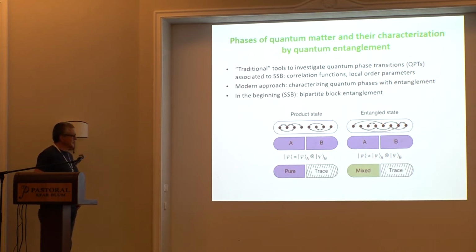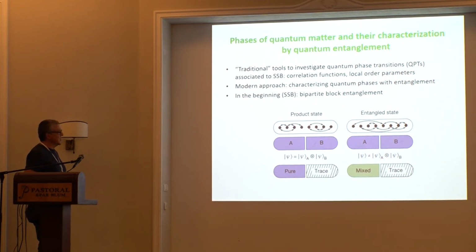In the case of a product state, you trace out one of the two subsystems, and what is left is a pure state. Then you know the system is not entangled and there is nothing important happening, because no non-local correlations are present.